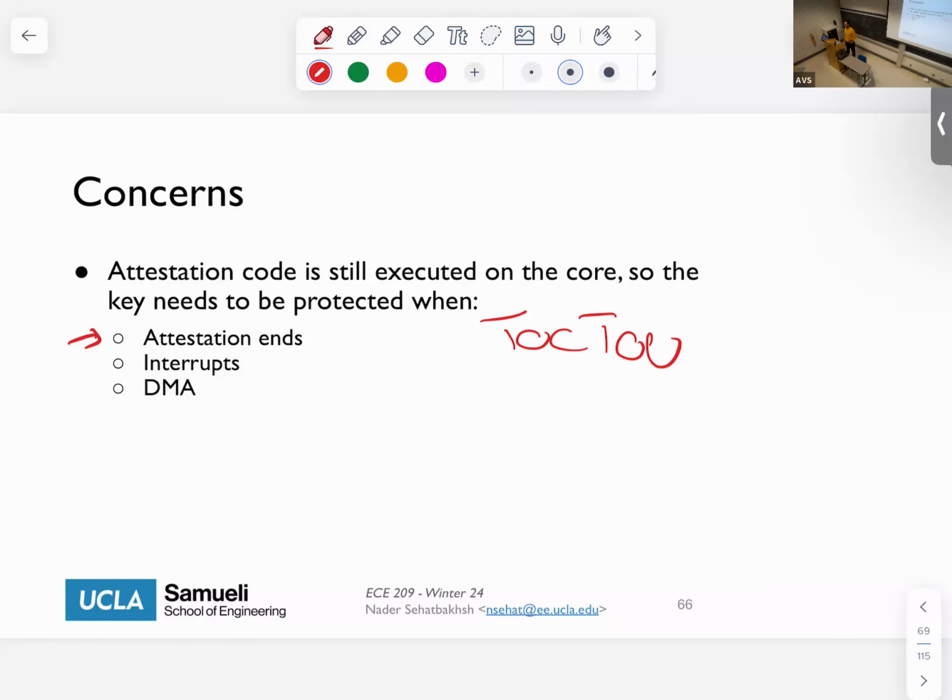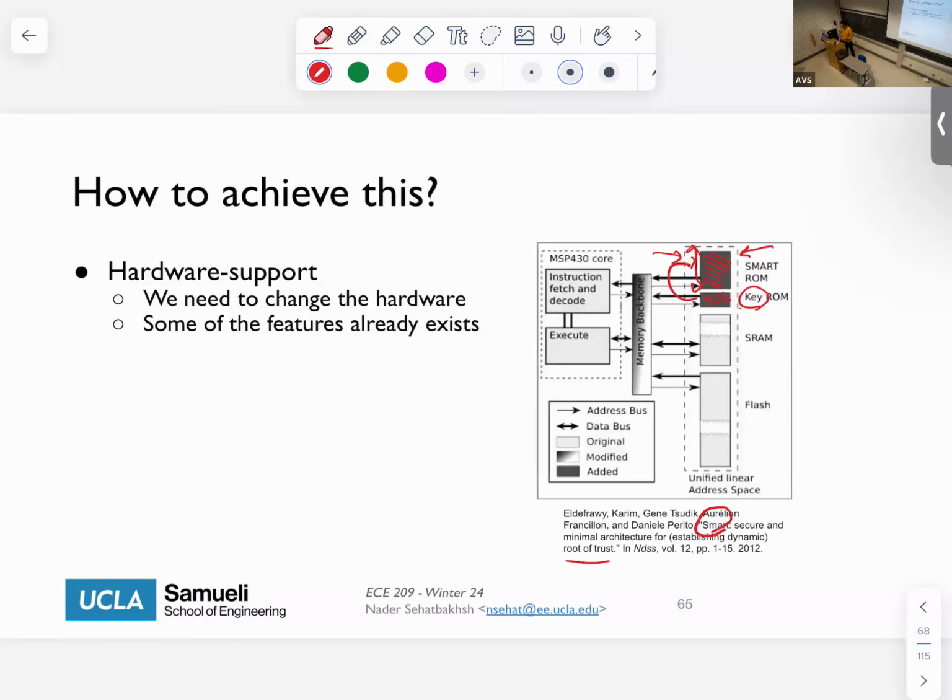The second problem is that all of these things assume that the process of attestation is interrupt-free, which means that if I'm computing things, I cannot pause this computation and do something else, because during this time I might go back and change these things that I checked before, right?